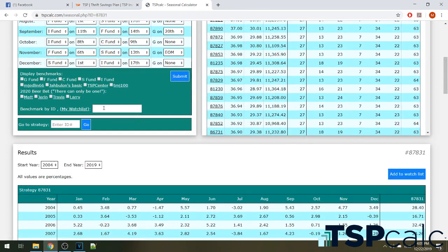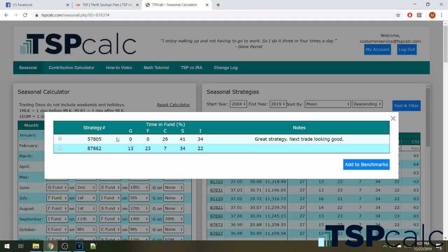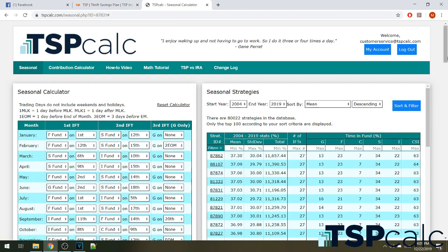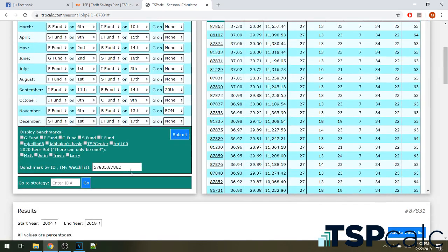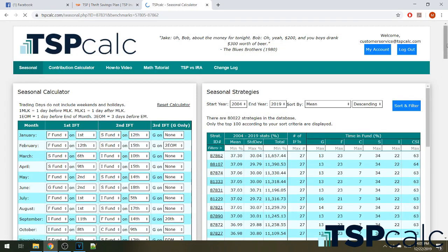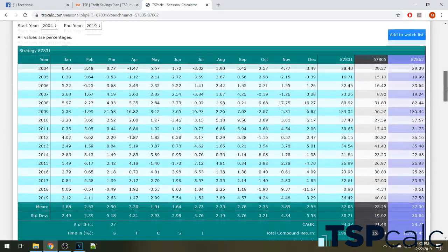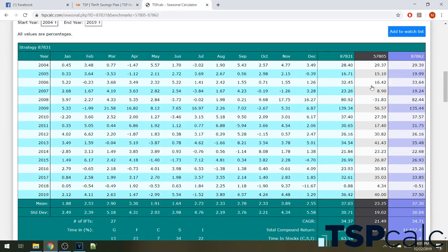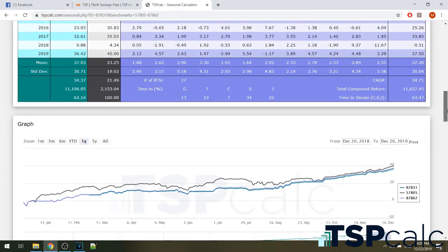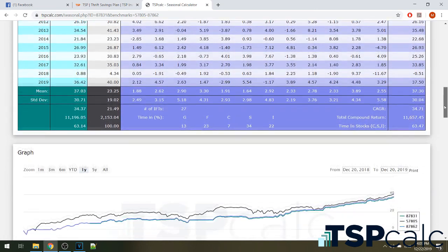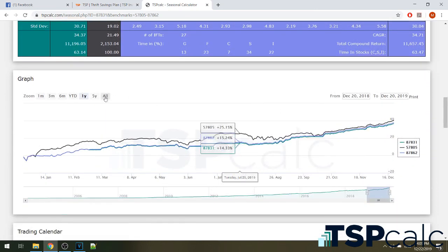Well, again, you could type in the IDs here, or you can click this little button and there's your watch list. So I want to select both of those. We're going to click add to benchmarks, and all it does is pre-fill this for you, and then you can click submit. And now we're looking at 3 different strategies all at the same time, and then I can compare those here in the table and here in the graph.